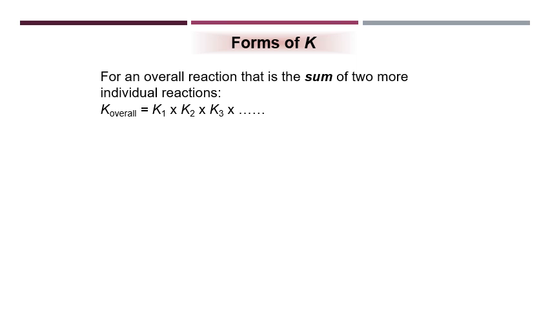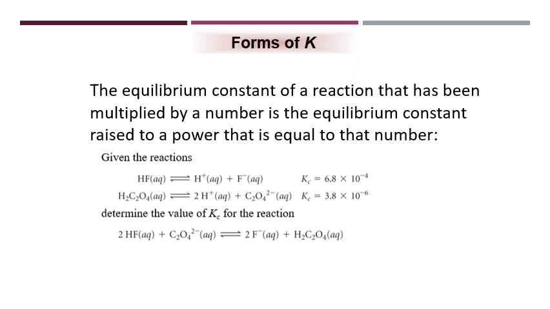The second example that we would have would be if in that multi-step reaction we have to multiply an individual reaction by a set of whole numbers for the coefficients, we would raise the power of the K to that change in the coefficients. So if we look at an example here where you have HF yields H plus and F minus, and H2C2O4 breaks down into 2H plus and C2O4 2 minus.